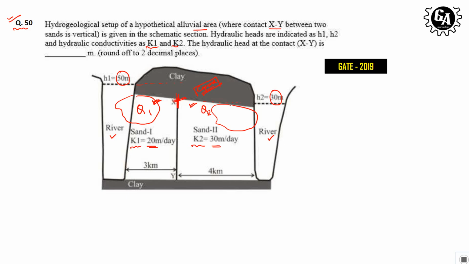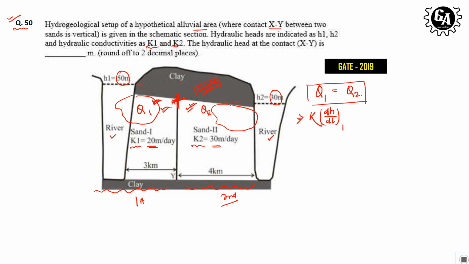So you can simply write that q1 will be the same as q2, because this is the interface; whatever it is for this, it will be the same for the other. We can calculate q equal to K dh by dl. Let the left side be the first unit and this the second unit.